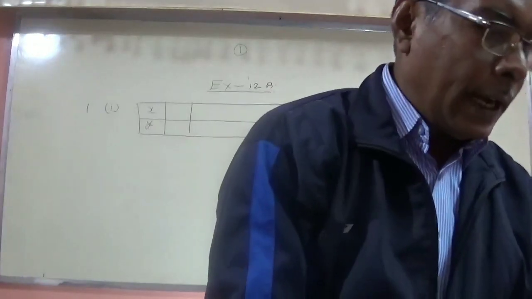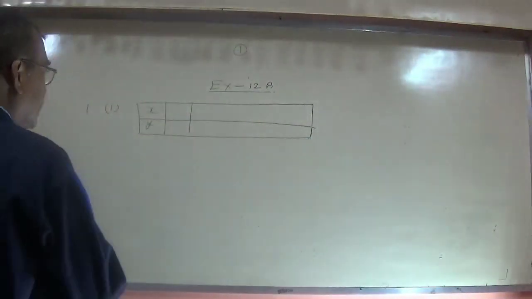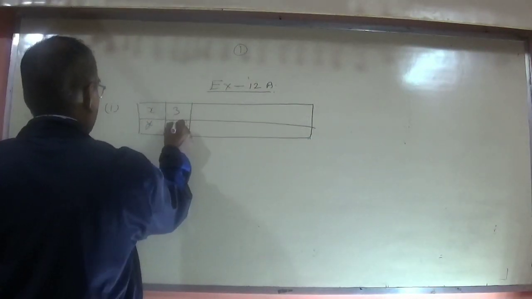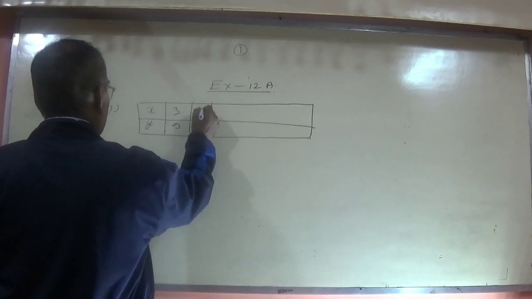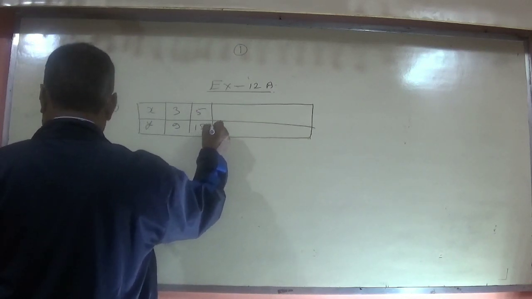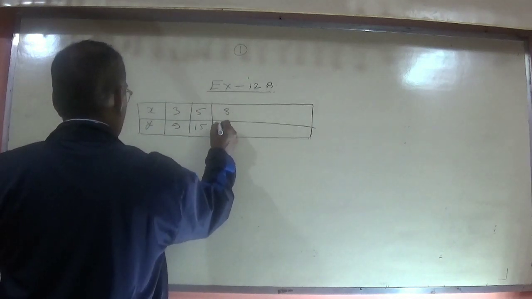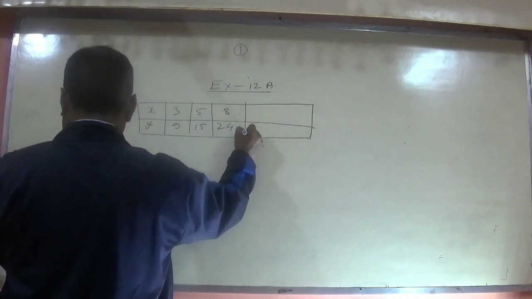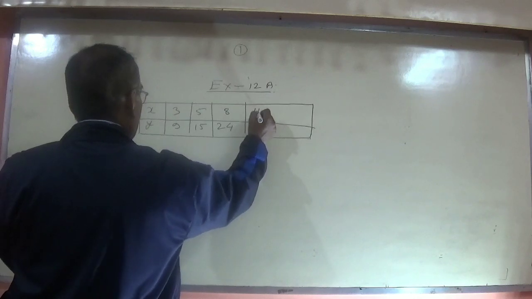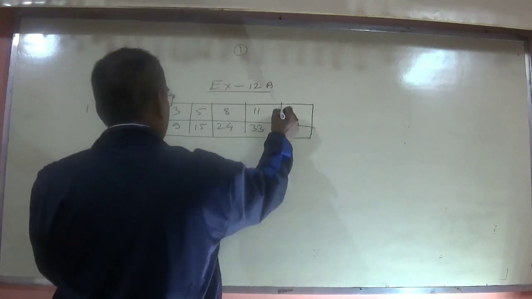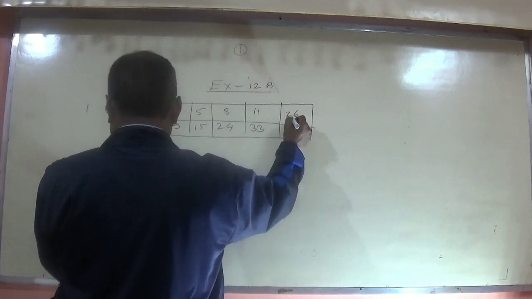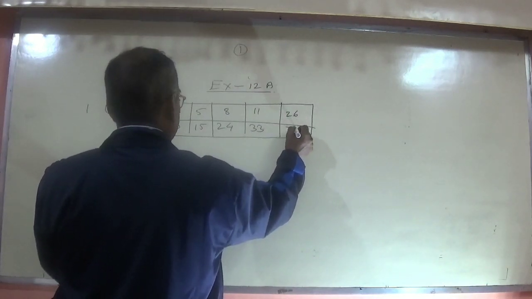Here it is given 3, this is 9. This is 5, this is 15. This is 8, this is 24. And this is 11, this is 33. And this is 26, and this one is 78.